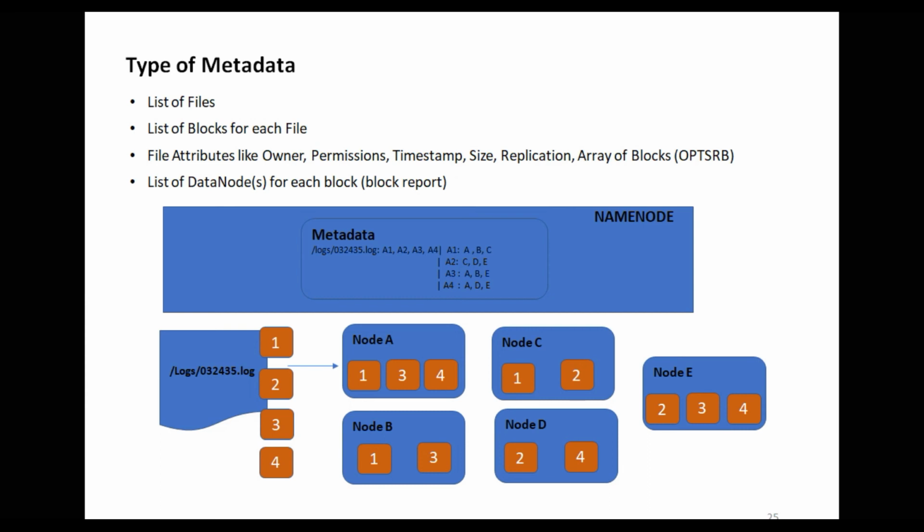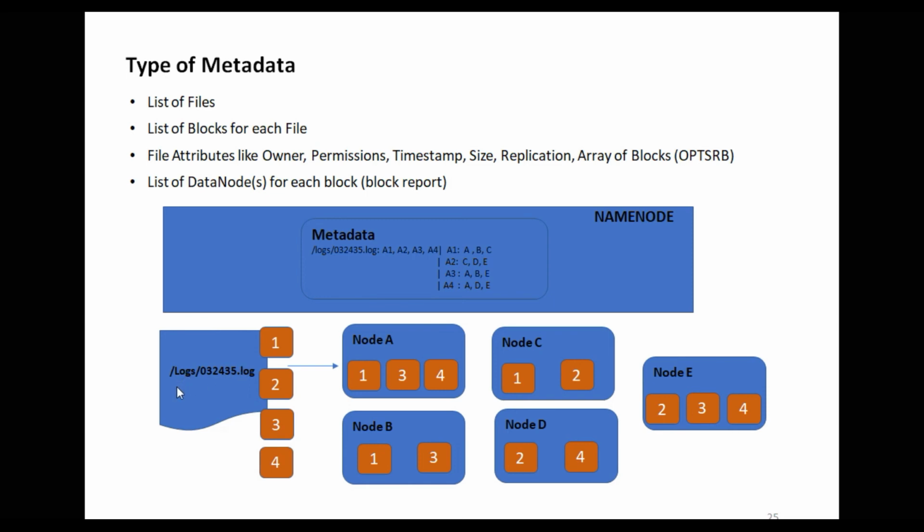That is called metadata. You can see it here, the name node metadata: file names, block numbers, block 1, block 2, and where the blocks are available in the data nodes A, B, C. So these are the metadata.